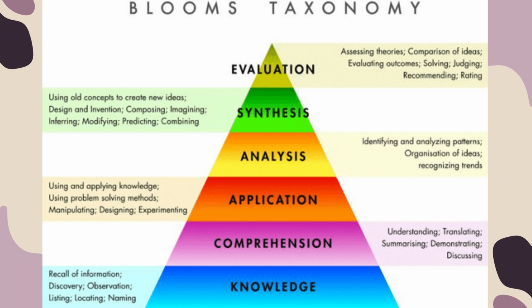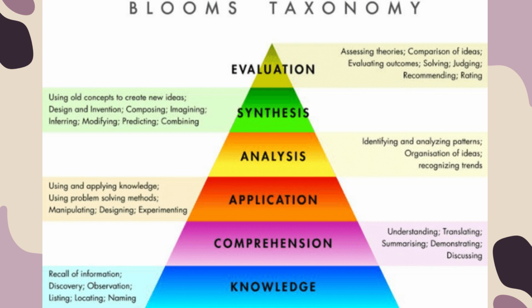This is Bloom's triangular taxonomy. Knowledge is how you recall information or discover knowledge, or how you acquire it by observing, listing, locating, or naming. This is more on remembering.